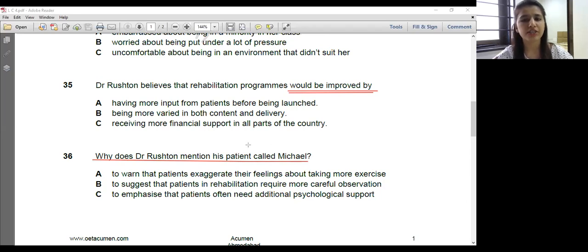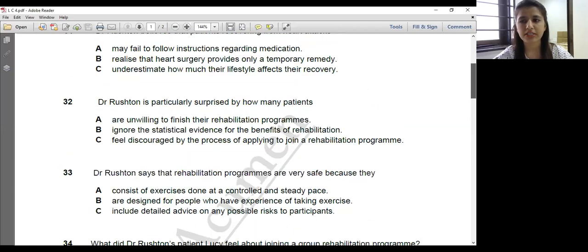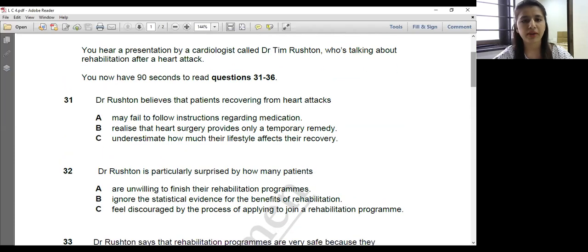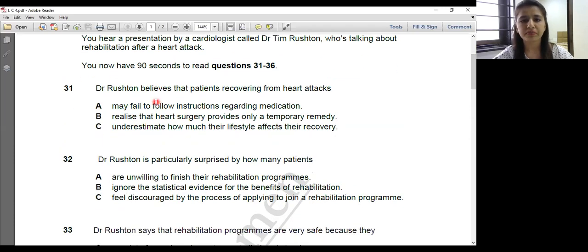Here we will again get to know one more clinical presentation or example of his own patient, and with that example he's going to explain something. We have to find out what he is trying to explain with the help of that example. So now, since I've got the overall framework of the whole presentation, I have 6 questions per presentation, so I've got the overall framework. Now I would analyze each question in detail.